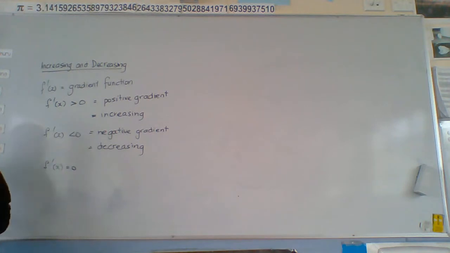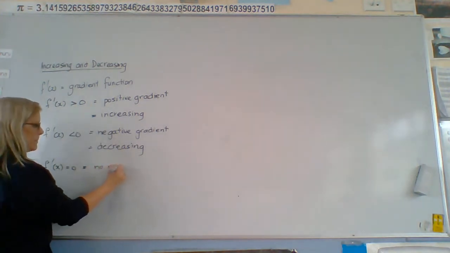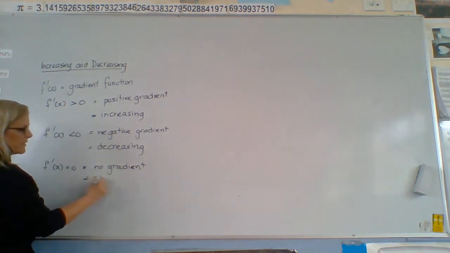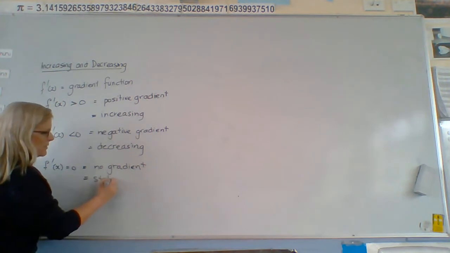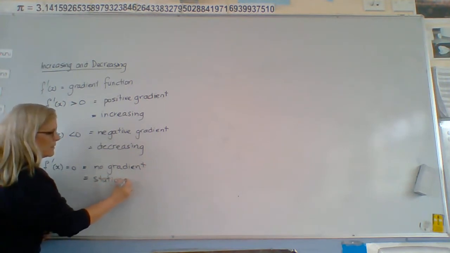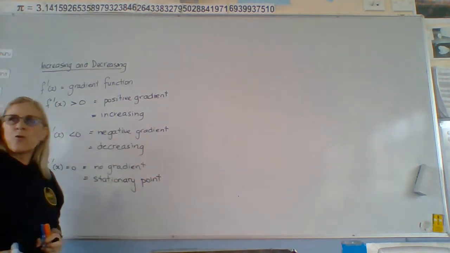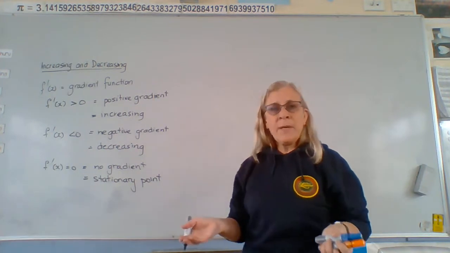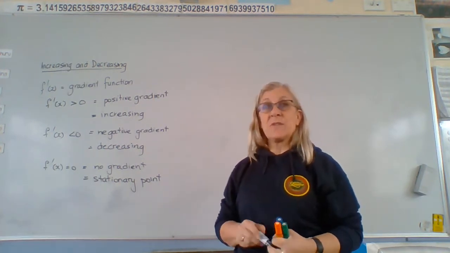If it is equal to 0, it's neither increasing or decreasing, so we call it stationary. It's a place on the graph where it is not increasing or decreasing. And why we use these words will come out later on when we're looking at applications of this stuff.